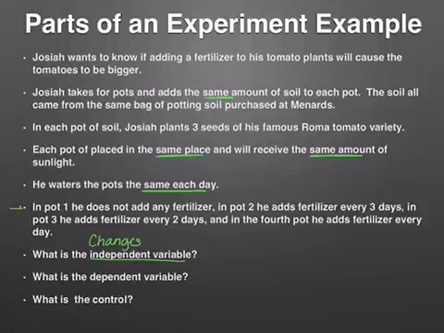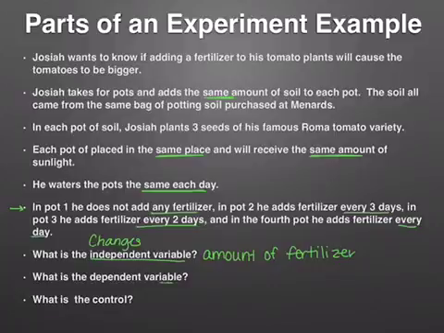If you look at this last bullet, it says that he does not add any fertilizer. Then he adds fertilizer every 3 days. Then he adds fertilizer every 2. And then lastly, fertilizer is added every day. So the thing that is changing is the amount of fertilizer each plant is receiving.